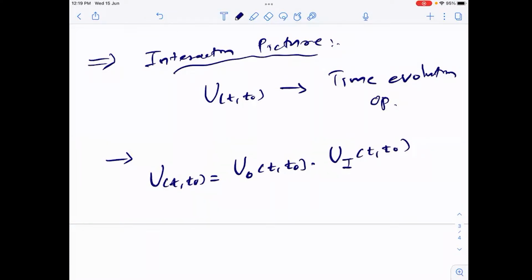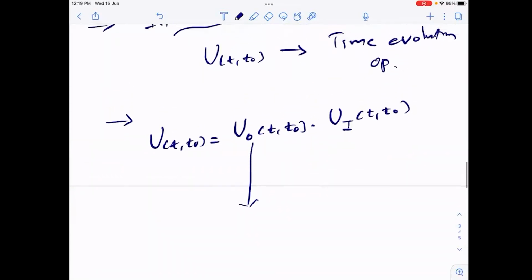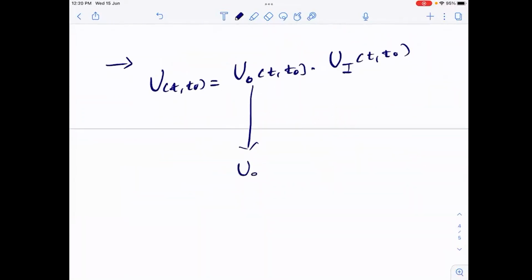Right? Now we know about our U0(t,t0). Remember the connection. It can be given as exponential of minus i H0 into (t minus t0) upon h cut. Fine.